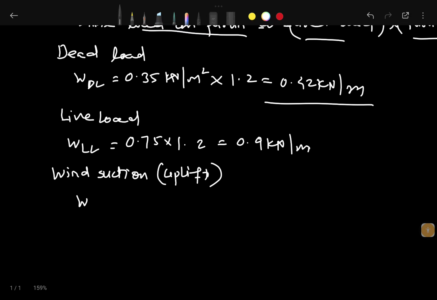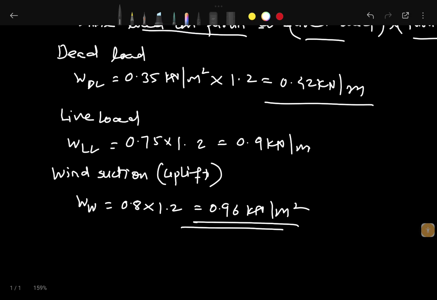For that, we calculate W is equal to 0.8, the coefficient we consider for uplift, 0.8 into 1.2, is equal to 0.96 kilonewton per meter.